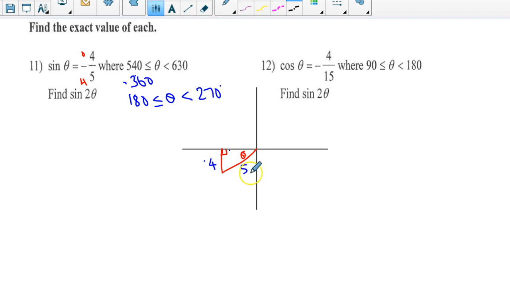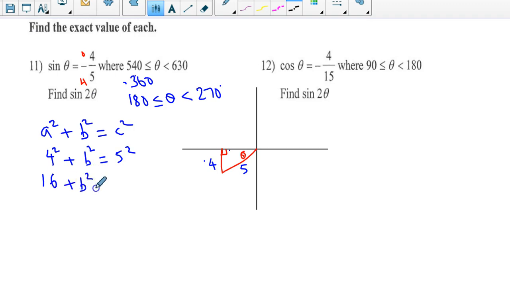A side and the hypotenuse are known, and I can easily find the third side by making use of the Pythagorean theorem. a square plus b square is equal to c square. So 4 square plus b square is 5 square, that is 16 plus b square is 25.